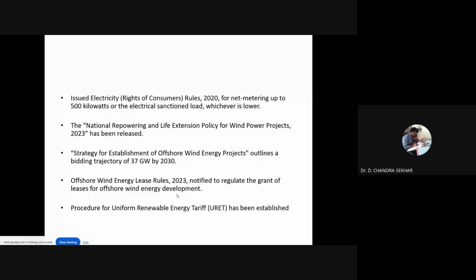Electricity rights of consumers rules were issued for net metering up to 500 kilowatts or sanctioned load, whichever is lower. The policy for wind power projects is released. The strategy for establishment of offshore wind energy projects outlines a bidding trajectory of 37 gigawatts by 2030.